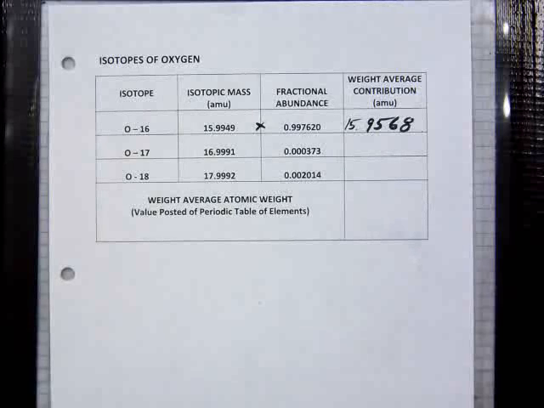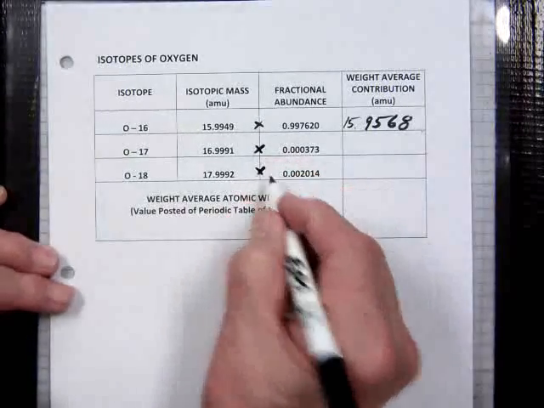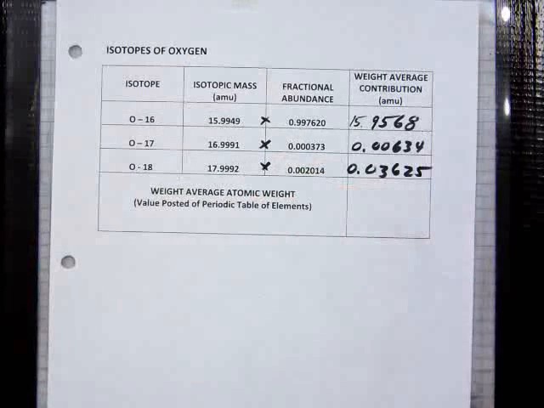Sometimes they give the fractional abundance on problems in percentages. So if you're trying to calculate a weighted average, be sure to convert your percentage to a decimal fraction. Okay? And you multiply them together, same way with the 017, 018. Write those down, please.